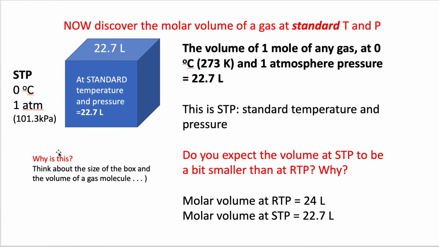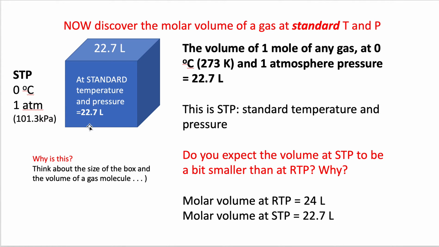And we can also look at another volume, counted or described as standard temperature and pressure. And the atmospheric pressure is going to be the same, but the temperature is going to be 0 degrees Celsius, or 273 Kelvin.